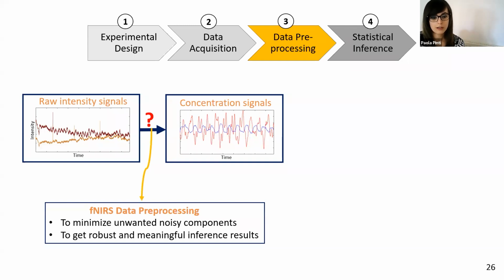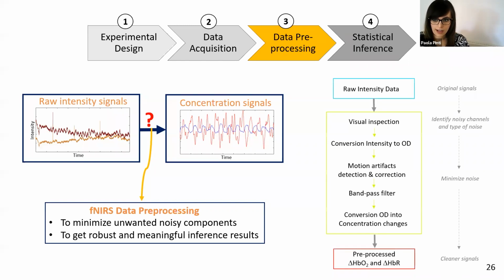So we need to first apply a few pre-processing steps to remove unwanted noisy components and improve the statistical inference step. Here on the right, I've included a general pipeline that I typically use on my own data.